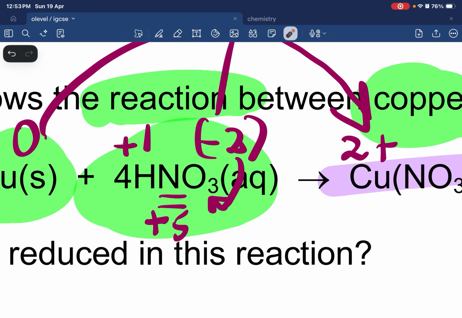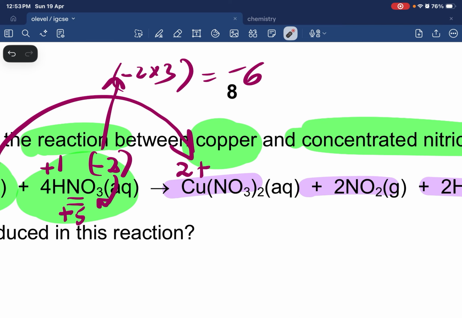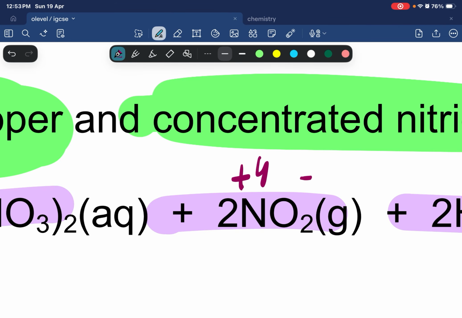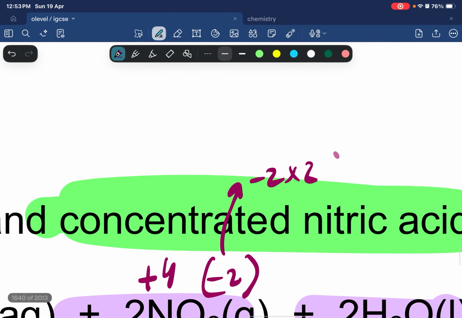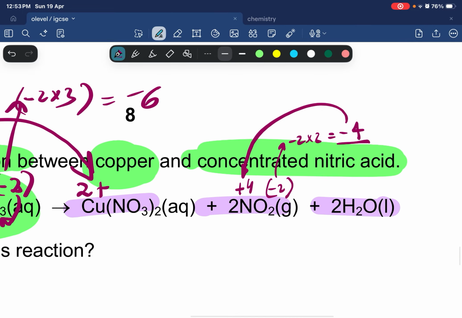And so from a positive 5 nitrogen here, let's look at nitrogen here, it's a positive 4. Check it for yourself. Oxygen is a negative 2. 2 oxygen means there's going to be a negative 2 times 2. That's a negative 4. To balance out a negative 4, you need a positive 4.